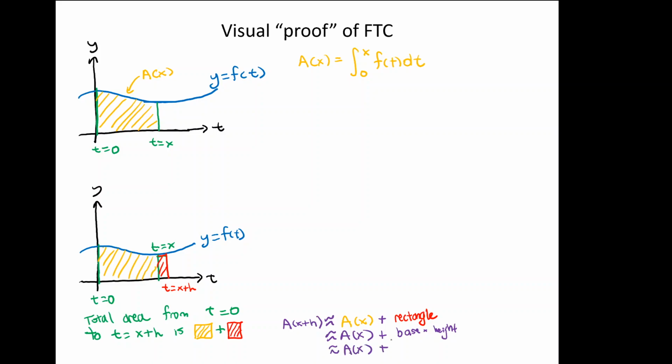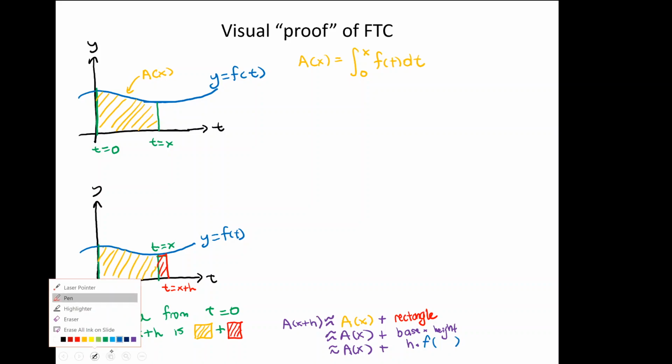Well, the base, the distance we're traveling in the x direction, we're going from x to x plus h, so the base is h, and the height we get by evaluating the function at either the left or the right endpoint of the rectangle. I'm going to pick the left endpoint. I'm going to say it's the value of the function at x, f of x.